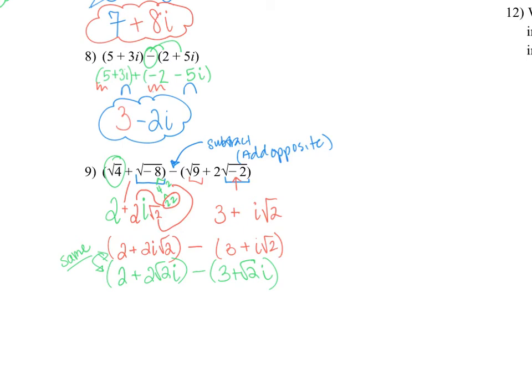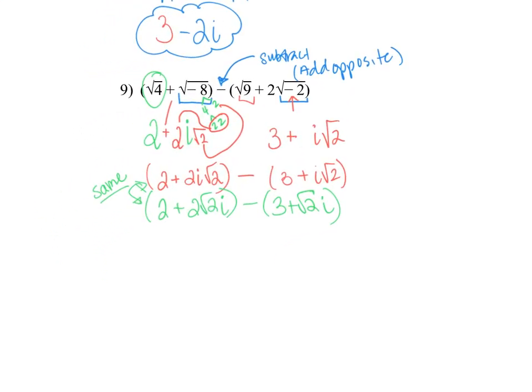Again, we're trying to subtract. So if we're going to subtract that, you could take the minus to each term, so we can add the opposite. So negative 3 minus radical 2i, and we'll still keep the first one. Okay, so I'm not going to be multiplying, but I do have my negative that went through. So I'm going to combine my like parts.